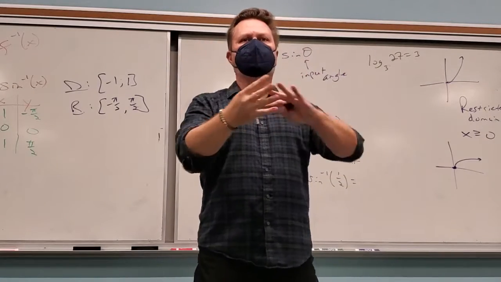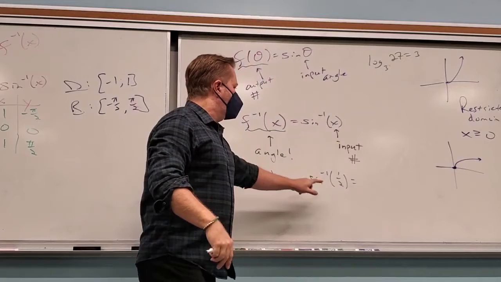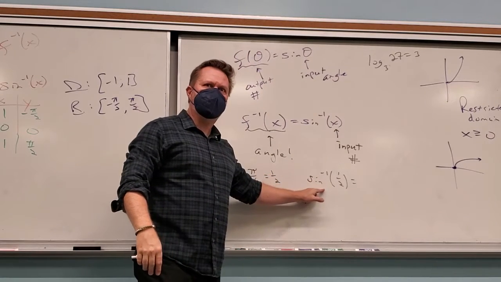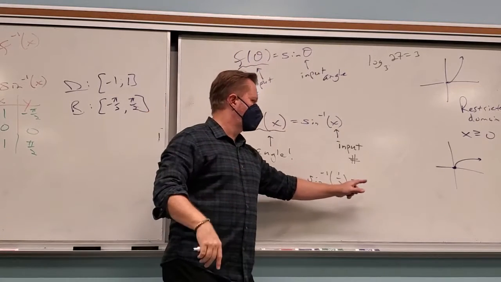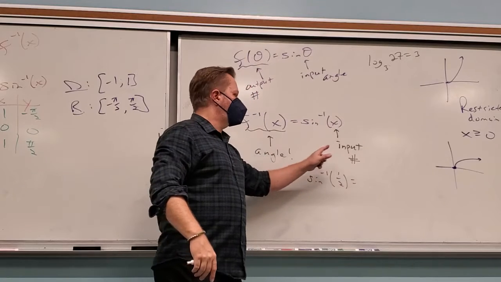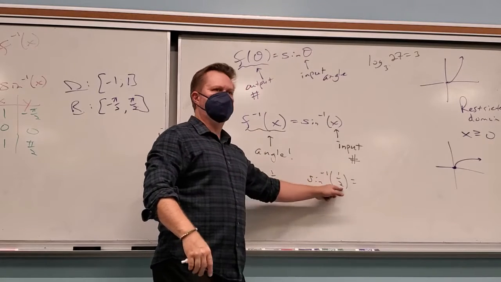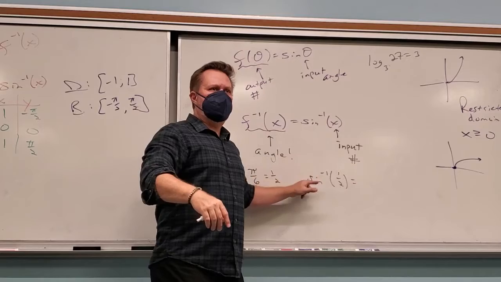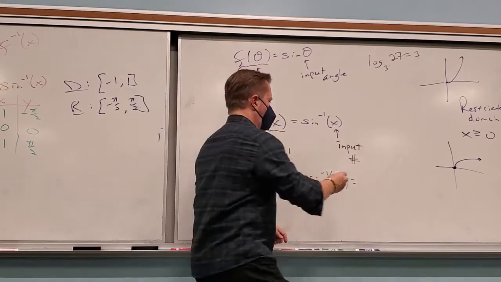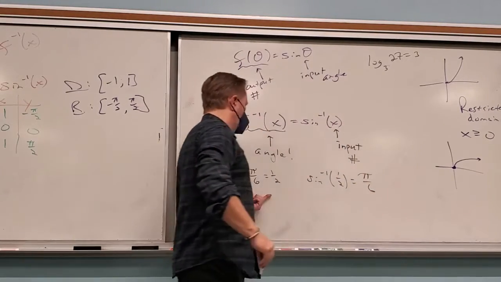You thought backwards. So when I give you an inverse trig question, your thought process is, what angle gives me this? What angle gives me a sine of 1/2? And that's pi over 6, because sine of pi over 6 is 1/2.